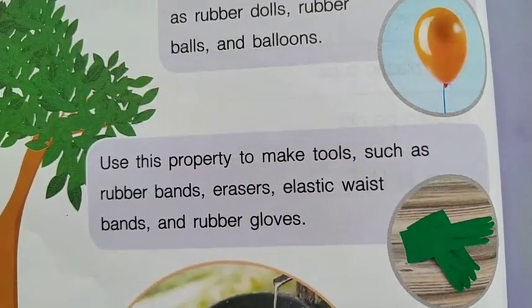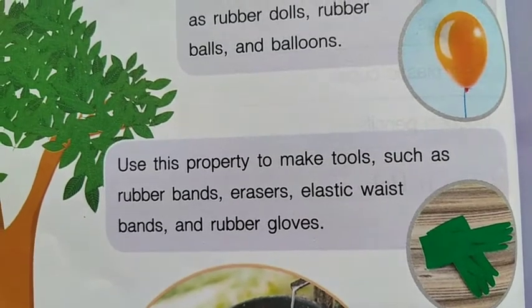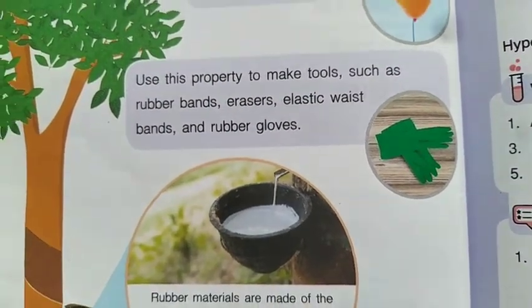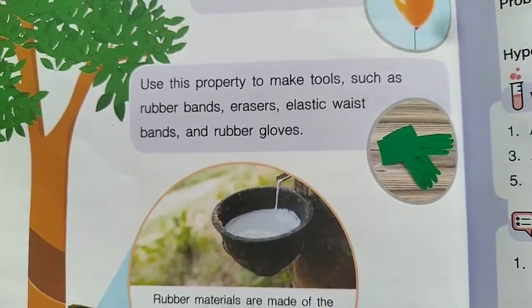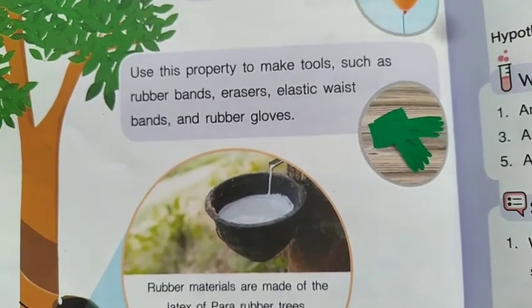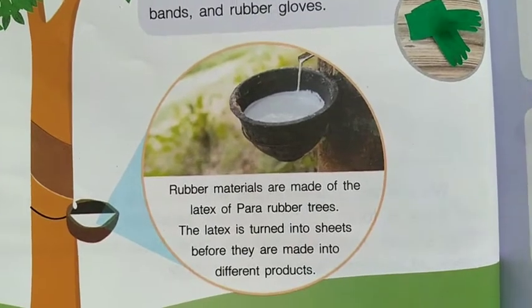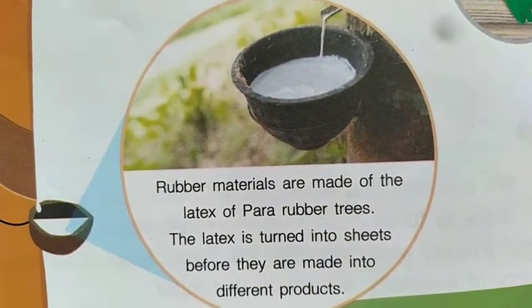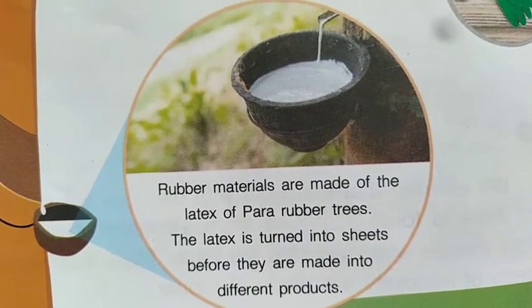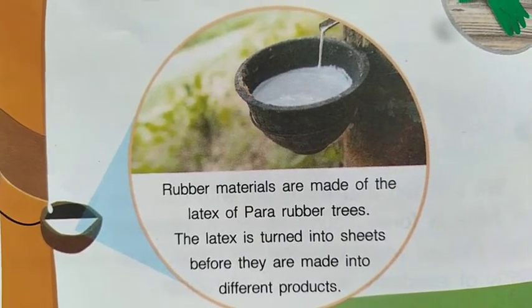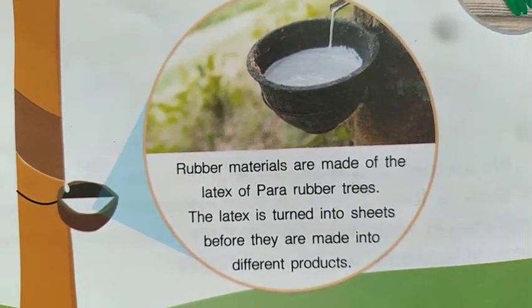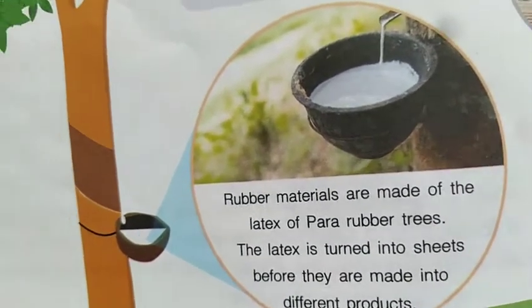You can use this property to make tools such as rubber bands, eraser, elastic waistbands, and rubber gloves. Rubber materials are made of the latex of para-rubber trees. The latex is turned into sheets before they are made into different products.